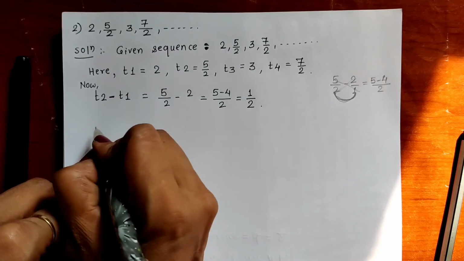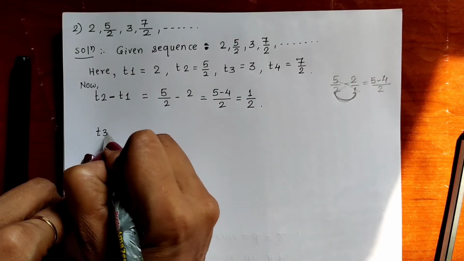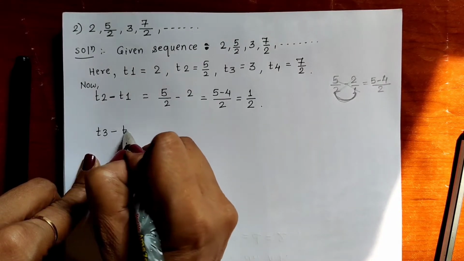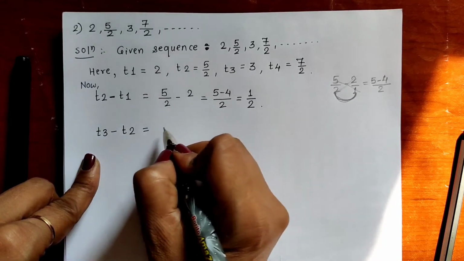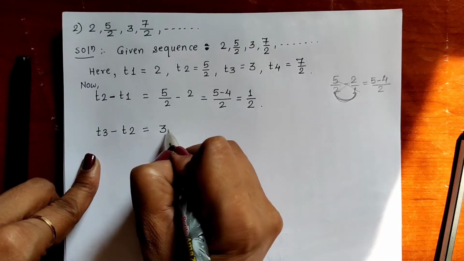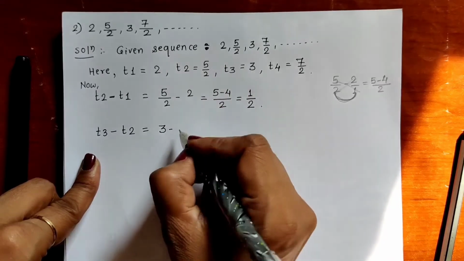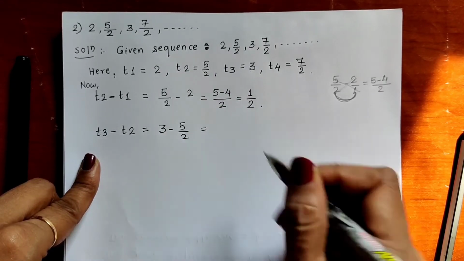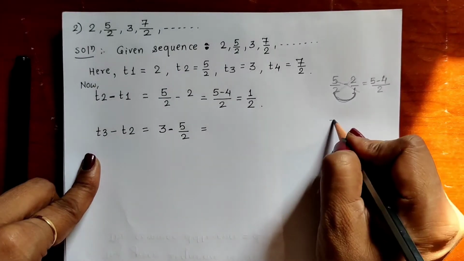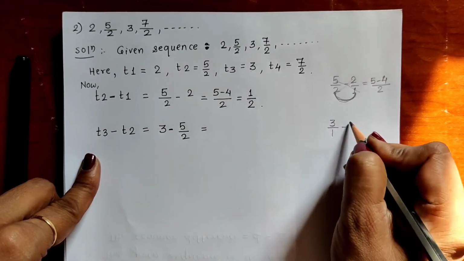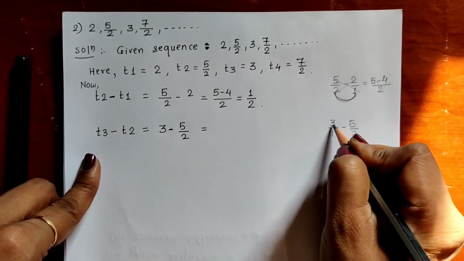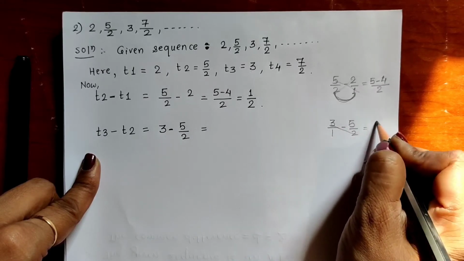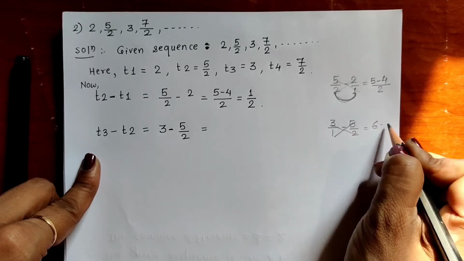Now let us see what we get. T3 minus T2. T3 is 3 minus T2 is 5 upon 2. So again let us cross multiply. 3 means 3 upon 1 and 5 upon 2. Again cross multiply. 3 twos are 6 and 5 ones are 5.